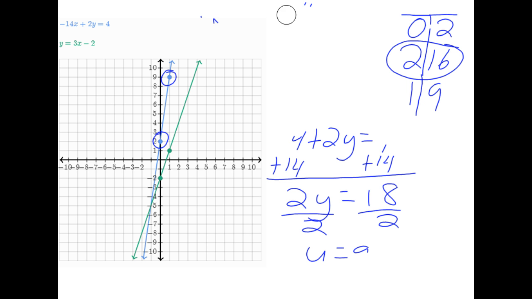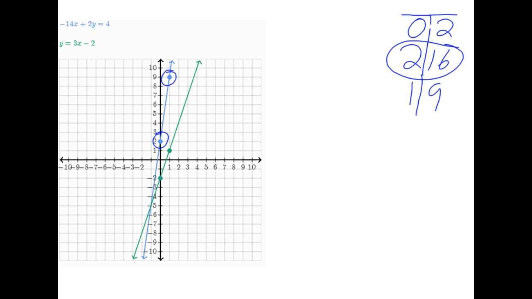The green equation is y equals 3x minus 2. Now, this is a lot easier when it's set up this way. It's a lot easier to figure out your ordered pairs. Okay? When you substitute, well, I didn't do that part yet.